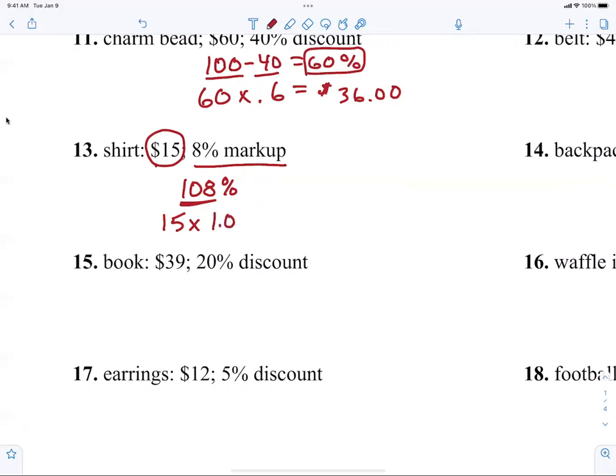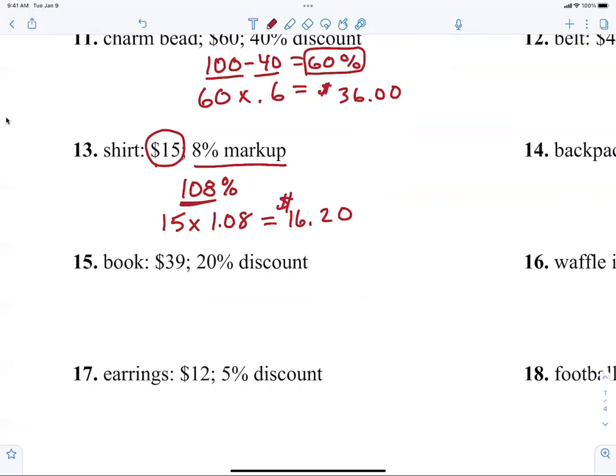That's correct, 1.08. You with me on that? So you always move the decimal 2 places to the left for percentage. Now tell me what that is. $16.20, right? Anybody else get $16.20?